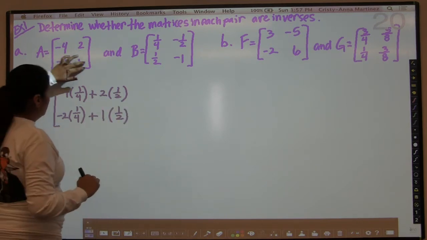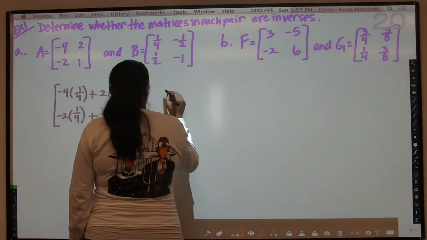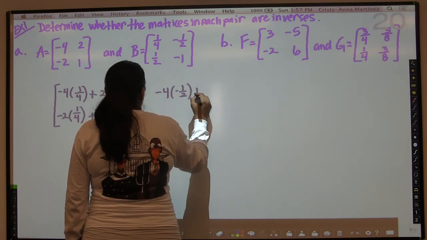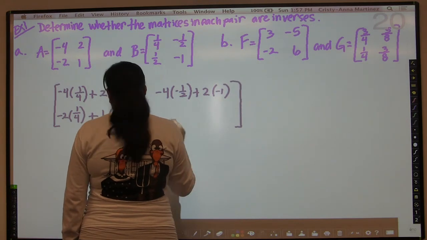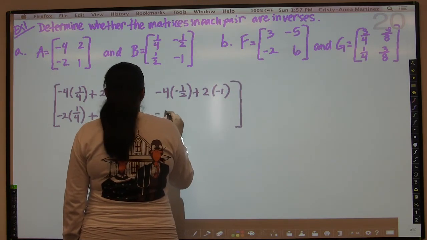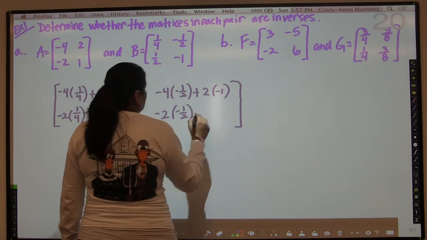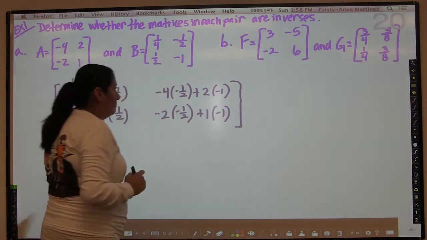So I'm going row 2, column 1. And then over here I'm going to go row 1, but column 2, which is -1/2. And then I'm going to get row 2 and column 2, like that.